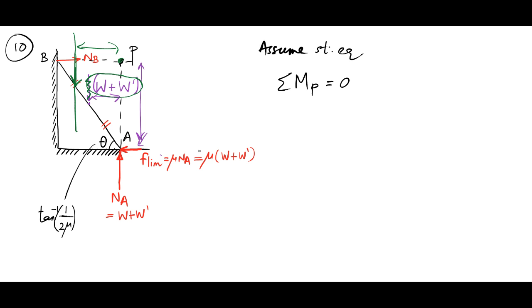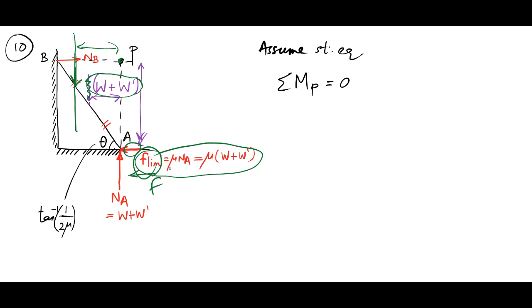So that means that the moment coming from this F, whatever force is acting over here, I'll call it F, acting at this point, that moment has to increase, and the only way that can happen is if the static frictional force exceeds limiting friction. Now obviously that's a contradiction.